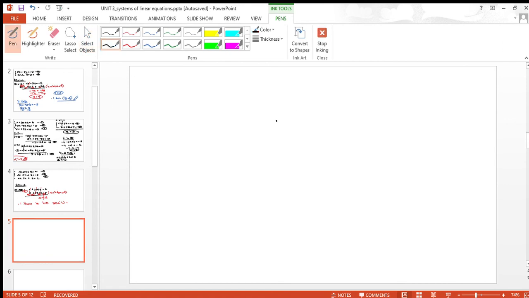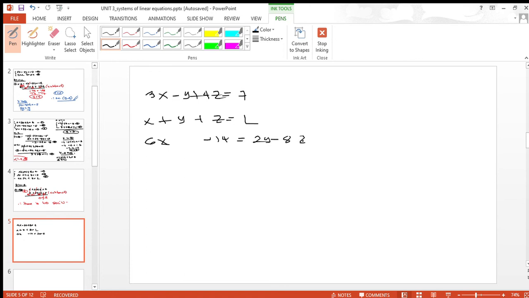And on the other hand, if we have this example, we have 3x minus y plus 4z equals 7. And then we have x plus y plus z equals 1. And then we have 6x minus 14 equals 2y minus 8z.